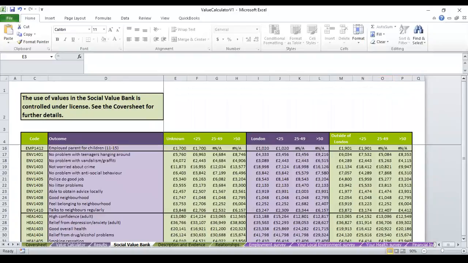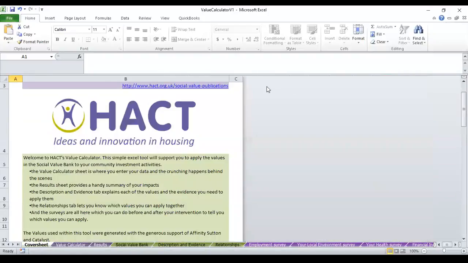So in terms of how they got this data, there is a report on their website. So if you follow the link to this, Hacked Social Value Publications, hact.org.uk/social-value-publications, then it does give you more information about how they've calculated those values.